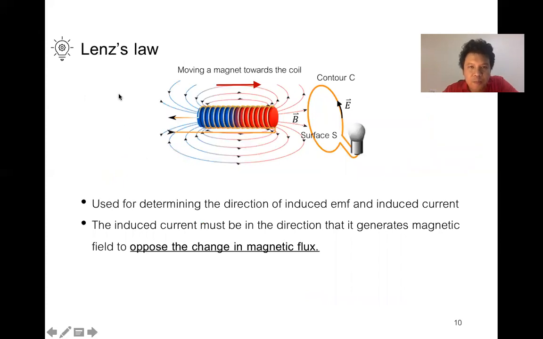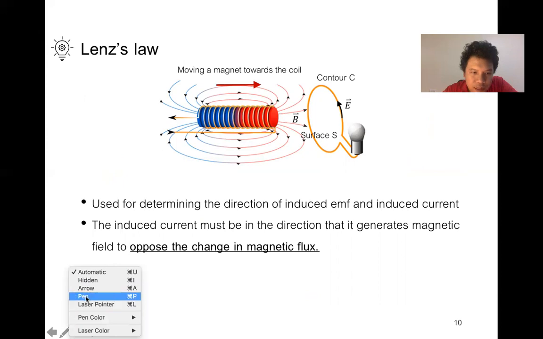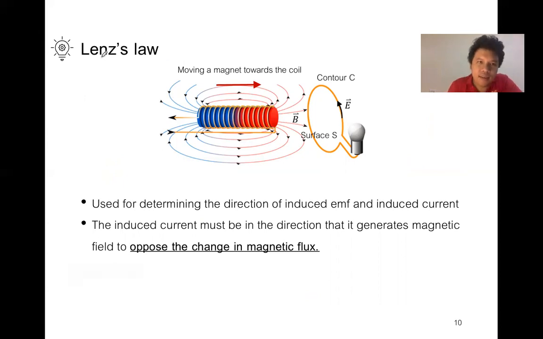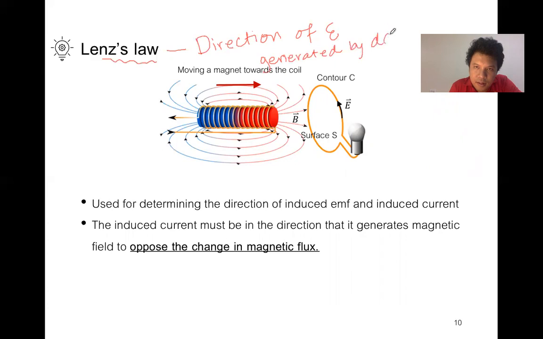Okay, and Lenz's law. Lenz's law is the idea that helps us understand the direction of the EMF generated by changing flux.